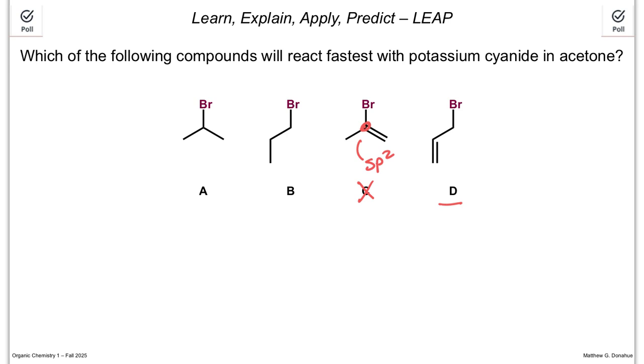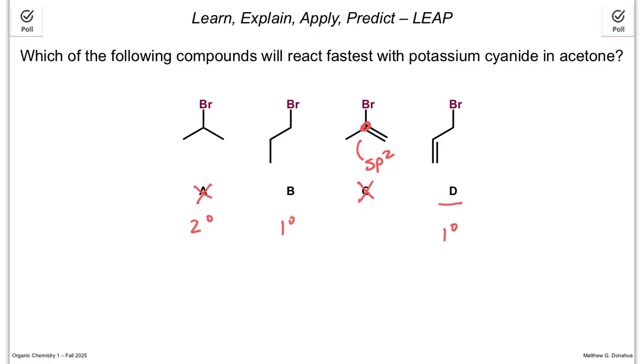The first thing you always want to do, look at the carbon bearing the leaving group and then classify it. So we have secondary, we have primary, we have primary. The rate trend is methyl is greater than primary is greater than secondary.